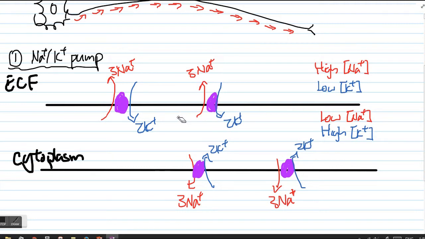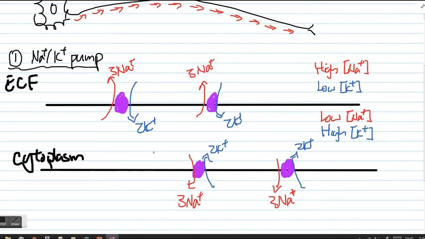Okay, and so this is active transport, not surprisingly, because if you keep on pumping sodium out, you are actually pumping it against its concentration gradient from an area of low concentration to an area of high concentration. And same thing for the potassium.